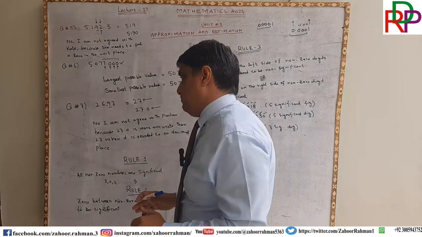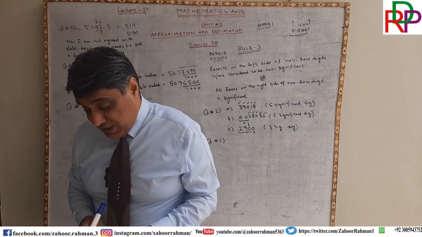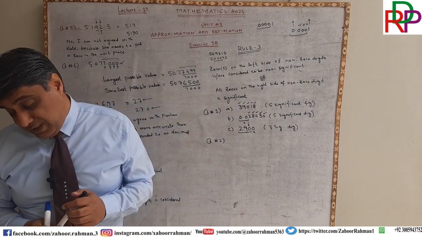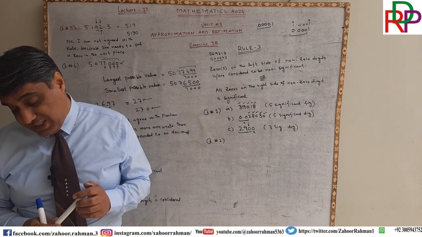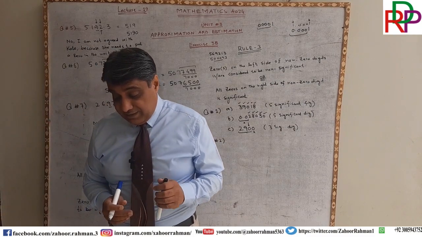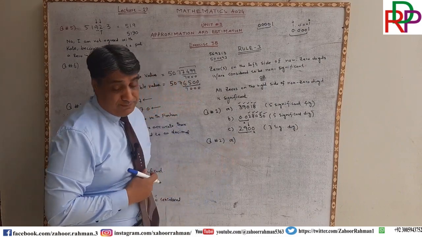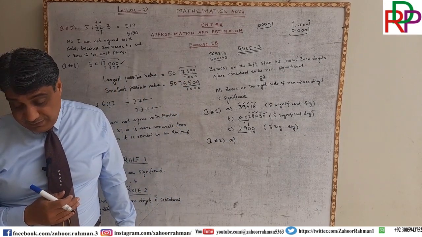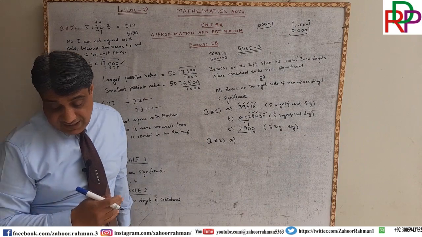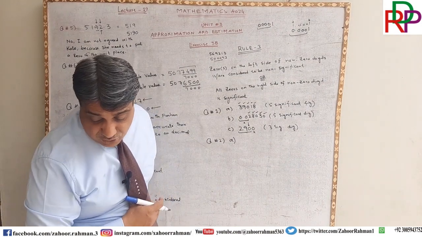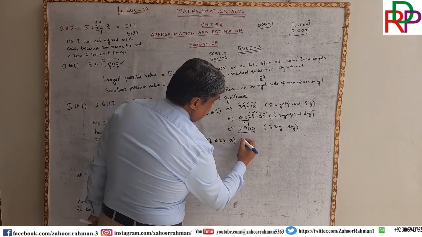So clear this concept. The second question is saying, round up each of the following numbers to the significant figures given in the brackets. We have to round up 728 to two significant figures.